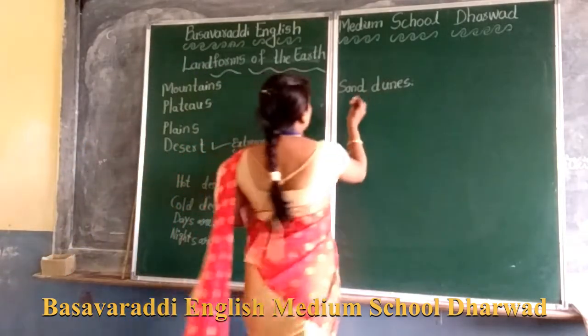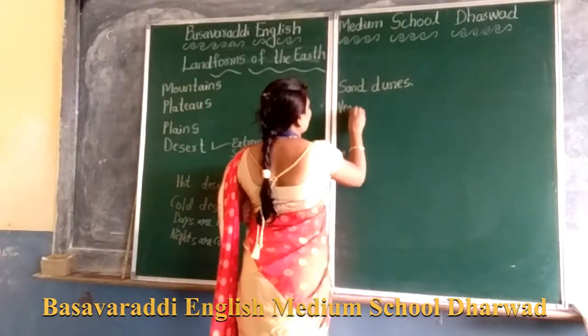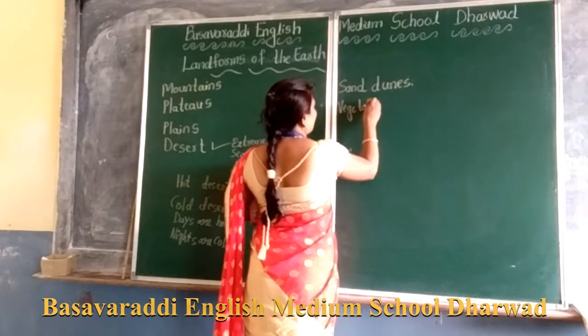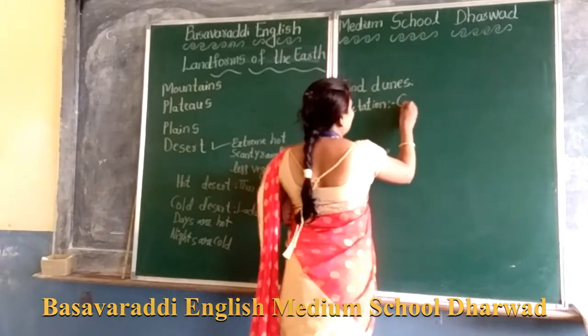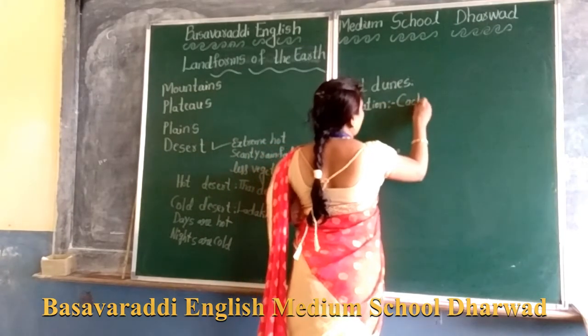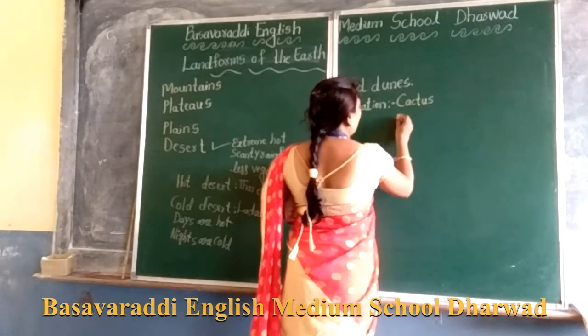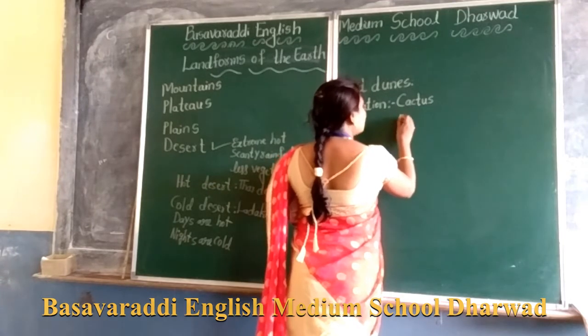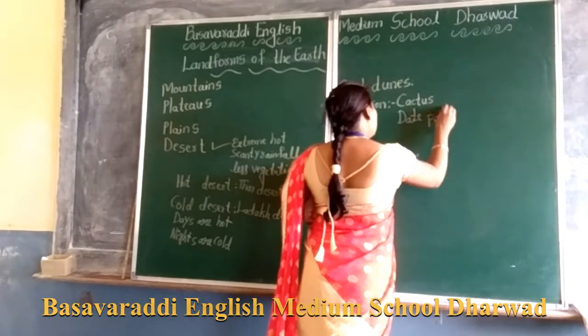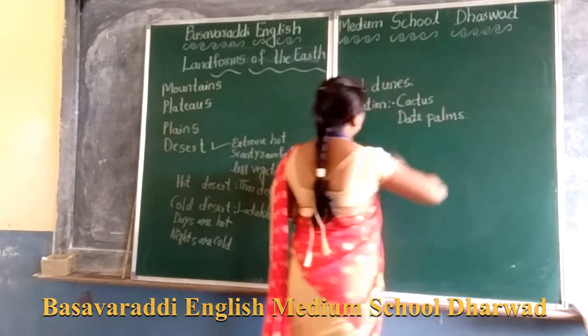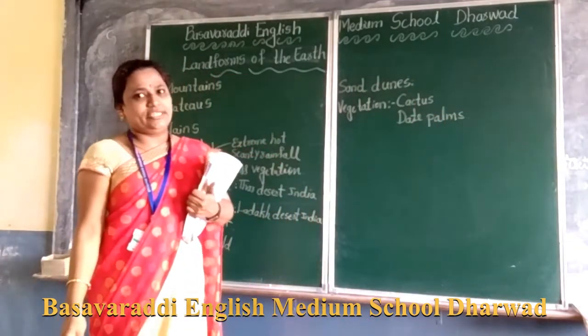I will give an example. Vegetation like cactus. Next one is date palms. These are the examples of vegetation.